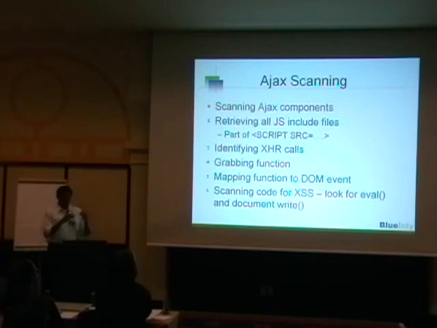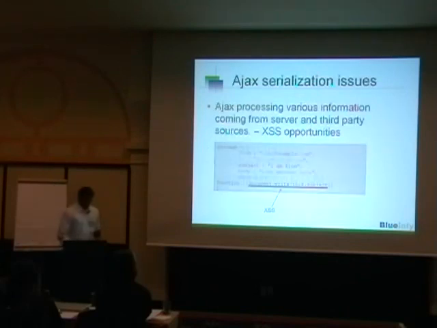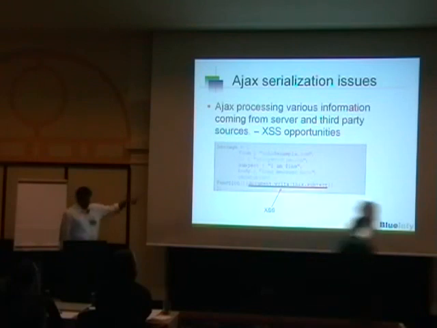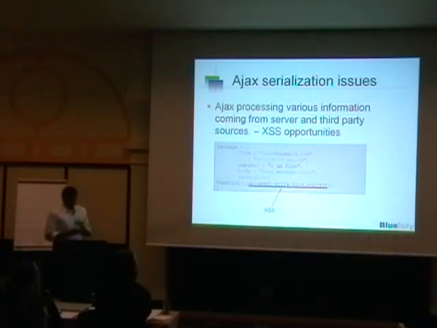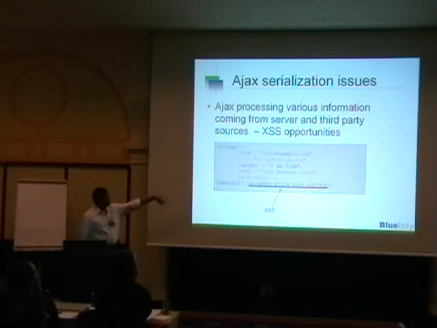Then in the next step you can see what changes it is making, and scan the code for two high-value targets: eval and document.write, because through these two calls, malicious content coming from a server or from a third-party stream can cause XSS. Next, Ajax serialization: Ajax processes various information coming through third parties. Here an object is coming in, and for example in this function you see document.write of this.subject.